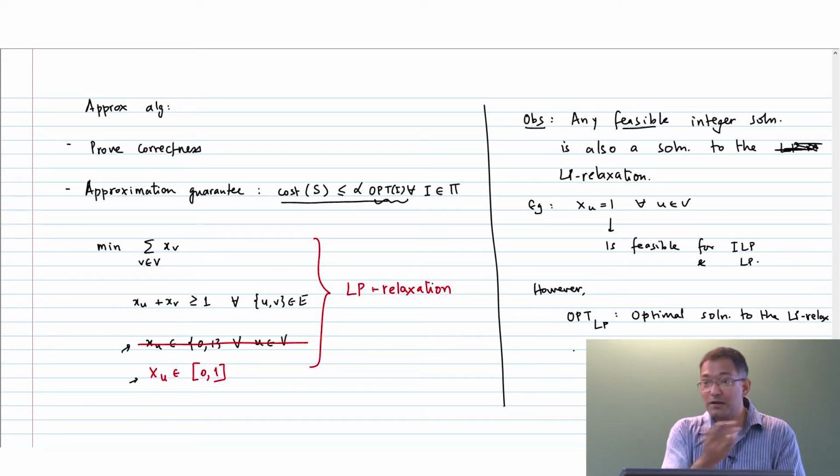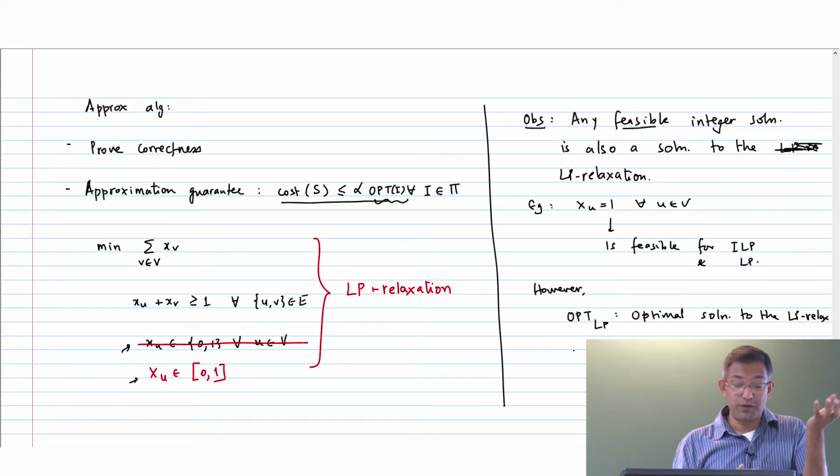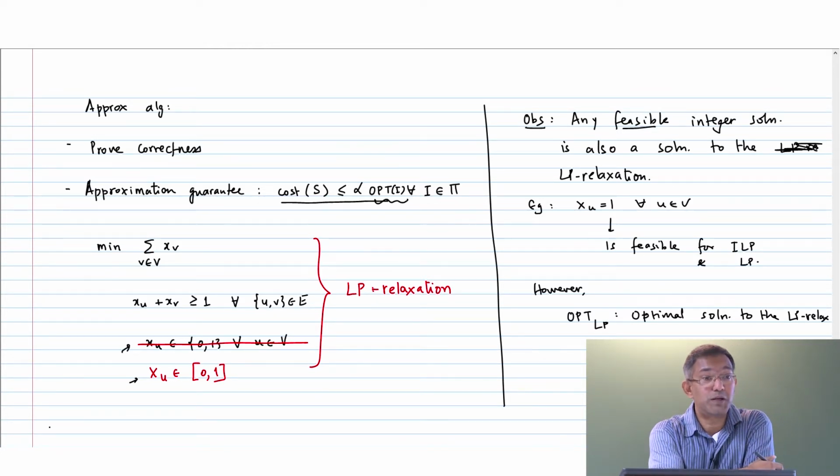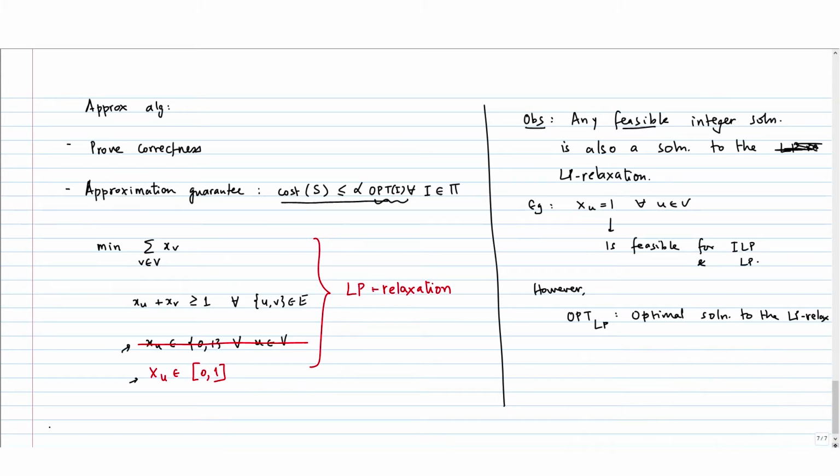So, what can you say about the relation between the optimal solution to this relaxed linear program and the integer program that you want to solve? It should be at most, right.